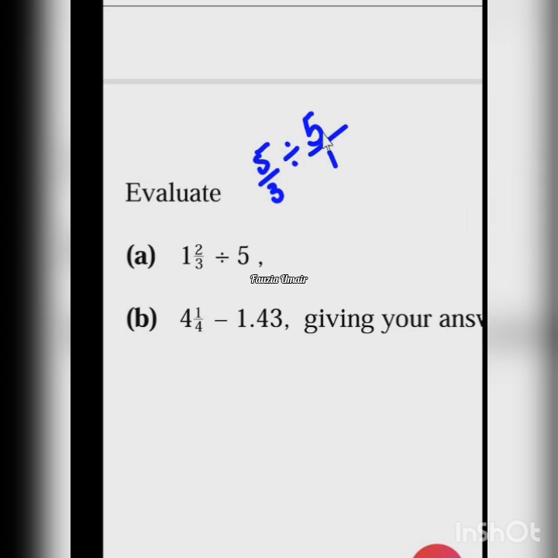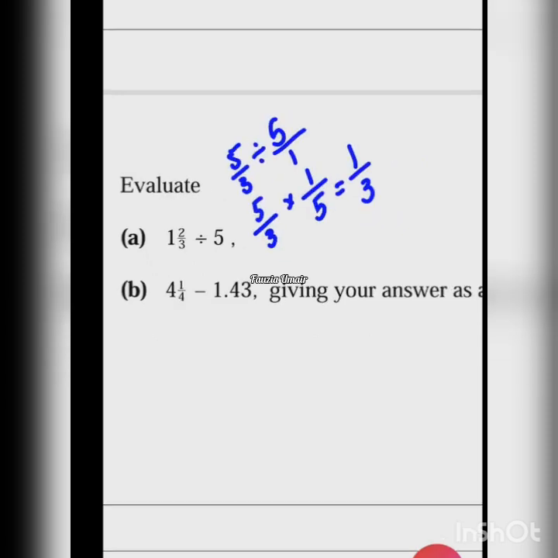That's right. This is the division of fractions, so we will just flip it or take the reciprocal. So it will be 1 by 5. So the final answer would be 1 by 3. Always remember that if there are fractions, don't change them into the decimal unless it is necessary.